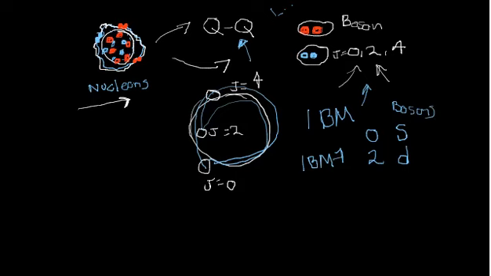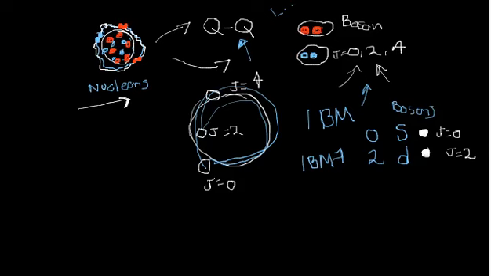Here, with the types of bosons, we don't have any kind of difference between bosons of protons or bosons of neutrons. They are almost the same. The angular momentum is 0, the angular momentum is 2.